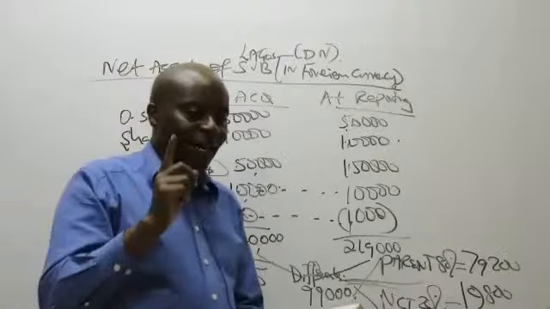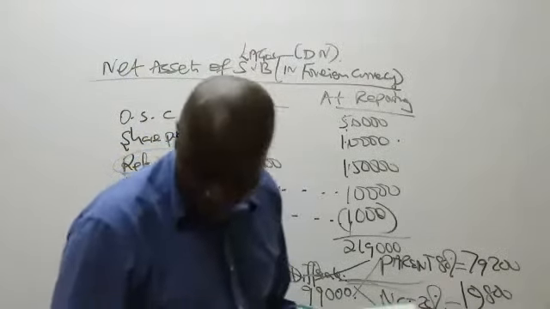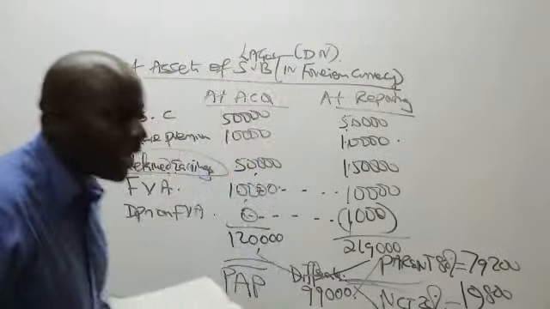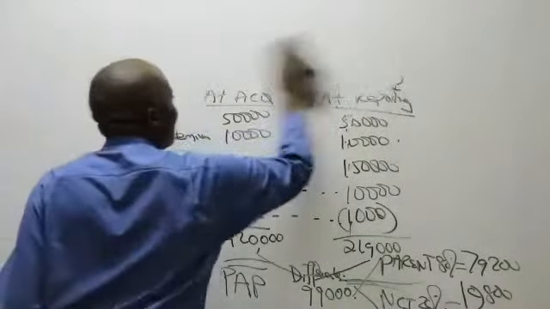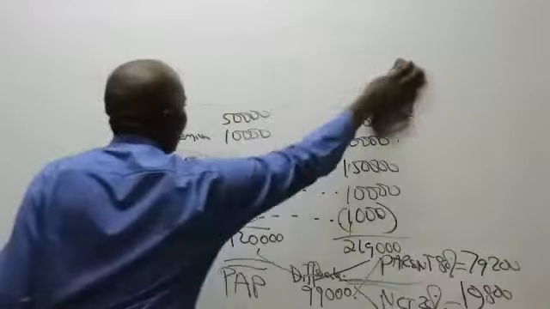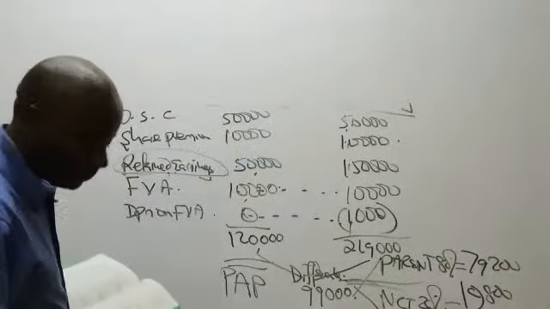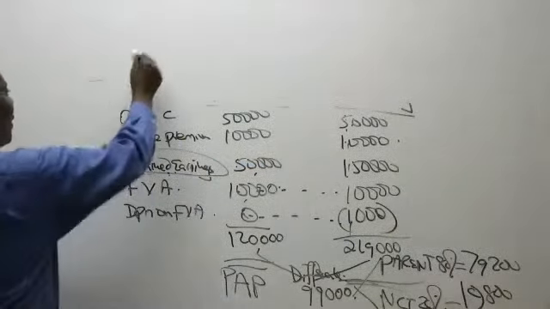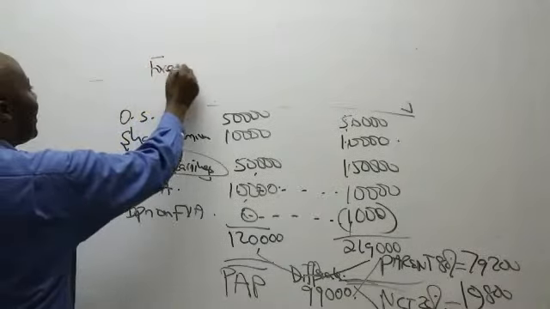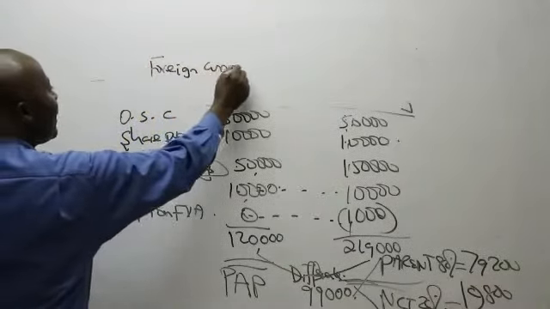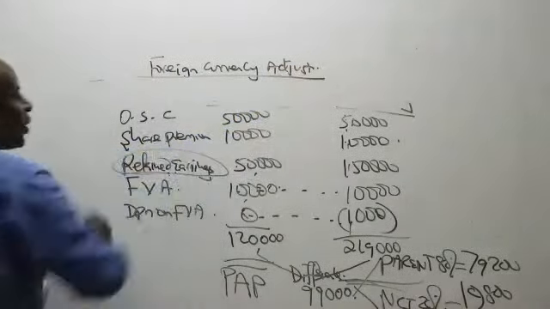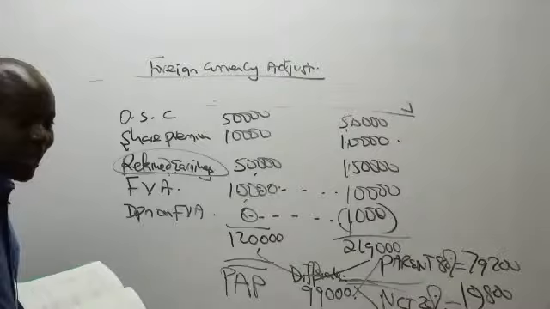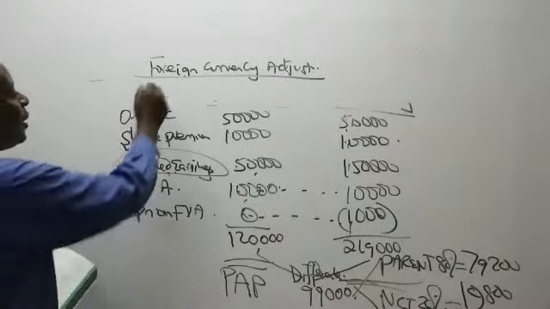Yes. Now, we have what we call the foreign currency adjustment of the net assets. Foreign currency adjustment of the net assets. So give me the net assets at acquisition.